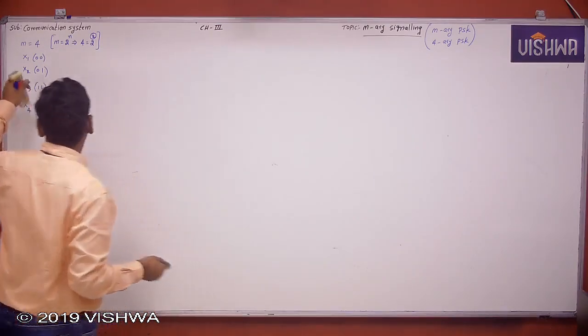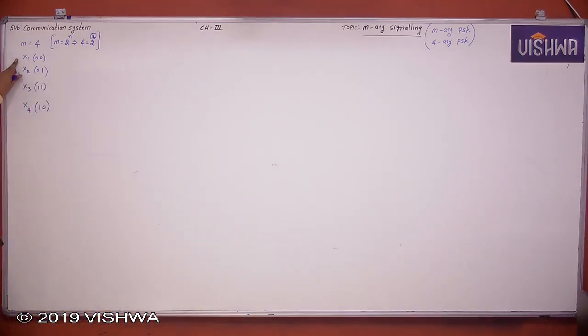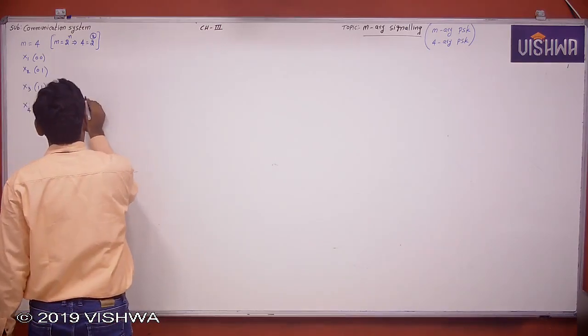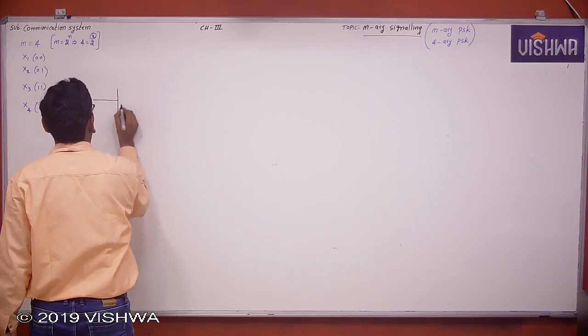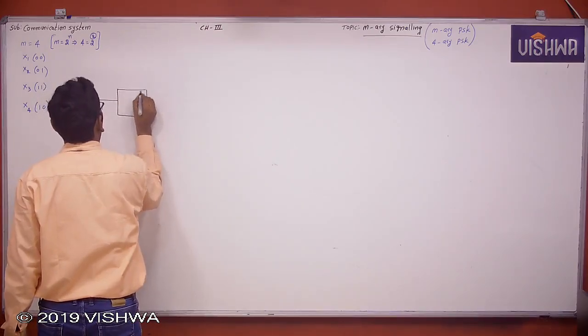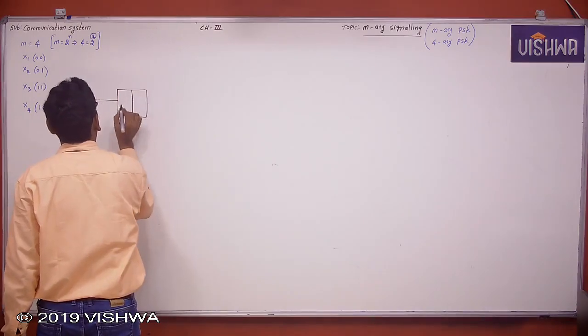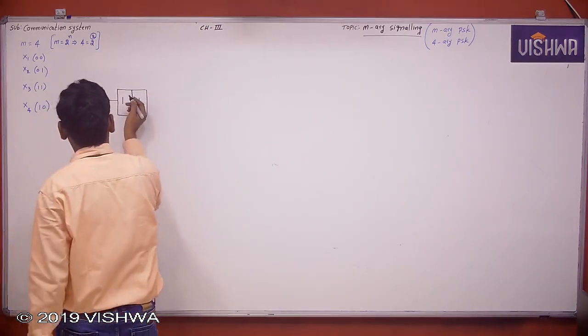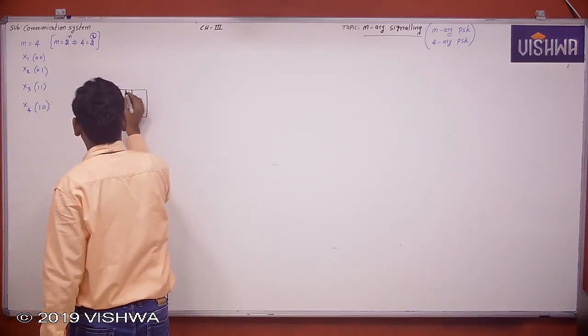Now the transmission of these 4 symbols. First we will see one symbol. I'll take X3 for easy calculations. Now 1, 1 is the encoder output. What is the encoder output? Digital data, binary data.